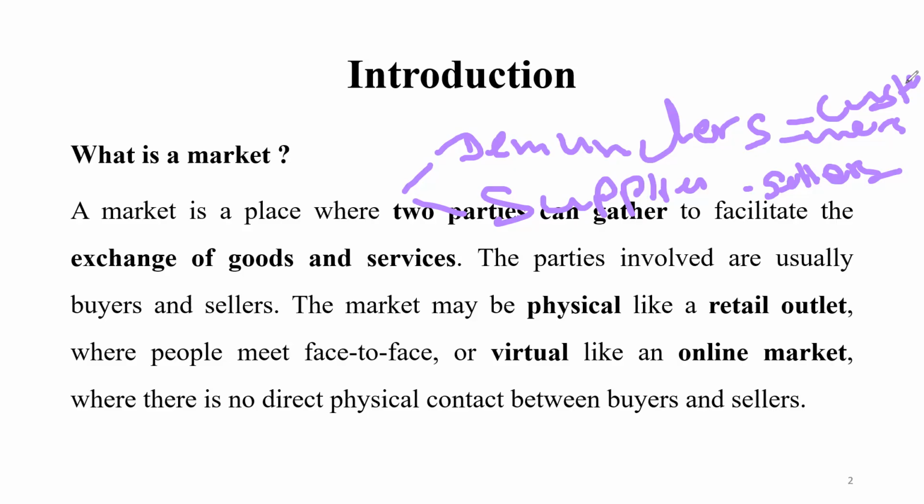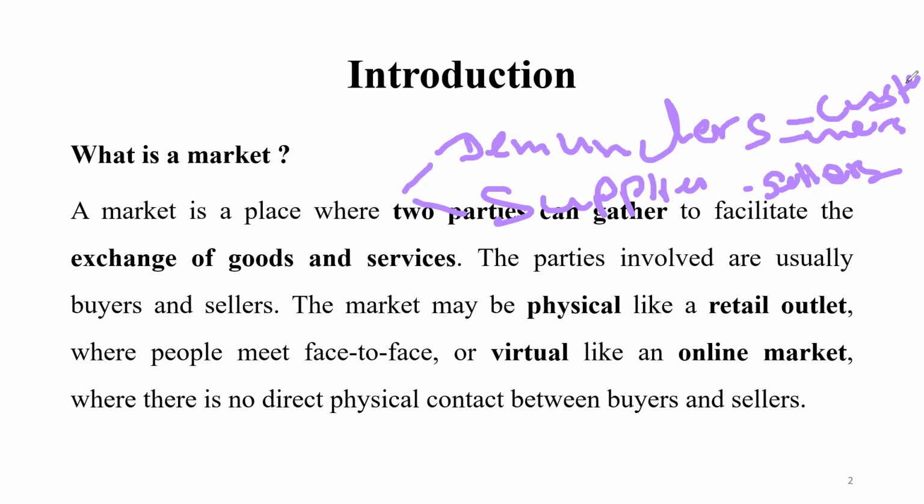They agree to whatever price is determined in the market. At that price, they wish to purchase and sell. So the parties involved are usually buyers and sellers, or demanders and suppliers, or customers and sellers.